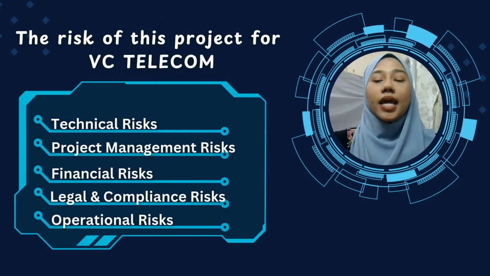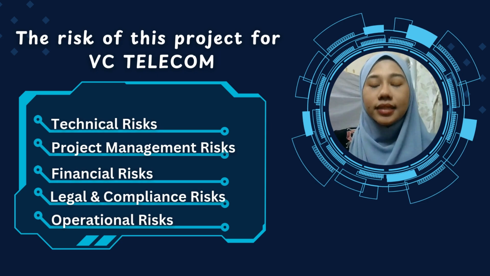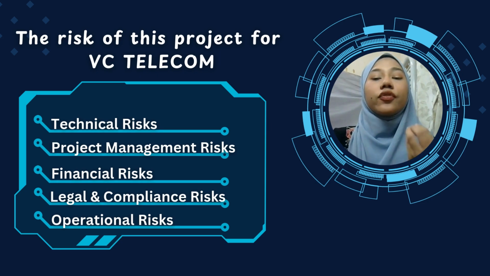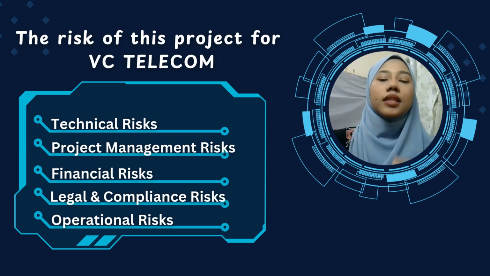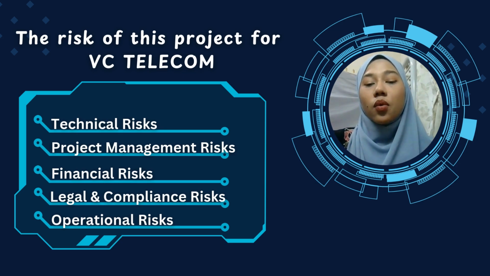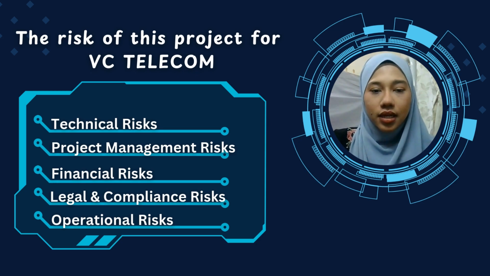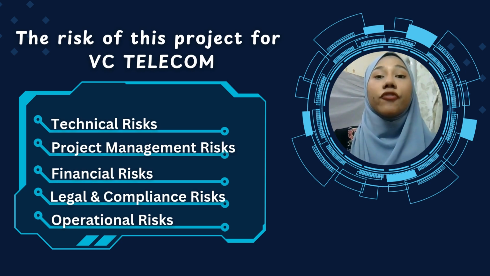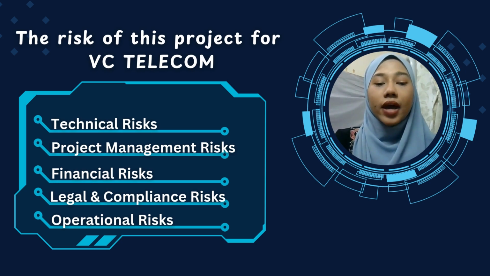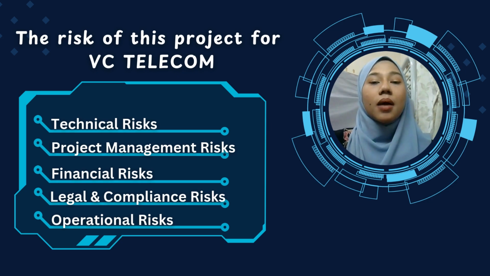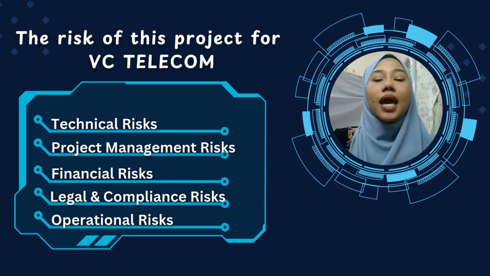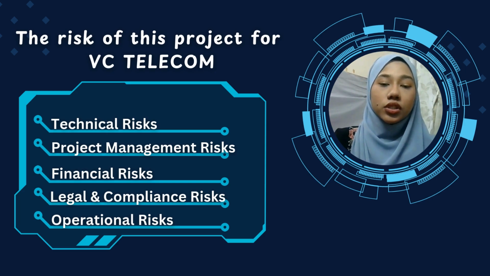The next question is, what are the risks that the organization has to face in completing the project and the system development? The risk that we face is the technical risk. Since the system will handle a vast amount of fiber network data, ensuring scalability and security is crucial.